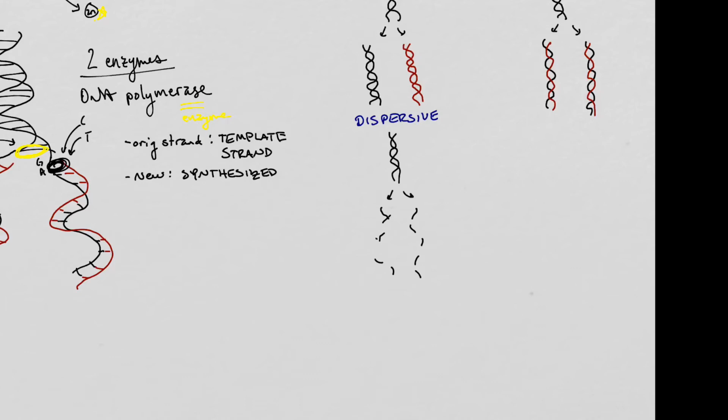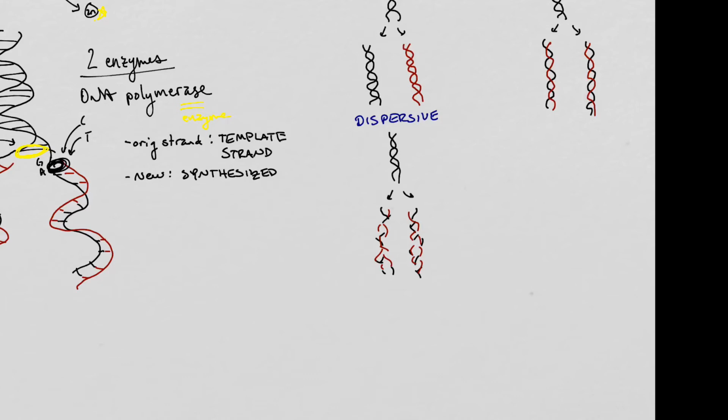The idea was that each DNA strand is part old DNA strand and part new DNA strand. Imagine those are good double helixes, but they're not. That's dispersive replication. That idea was the craziest.